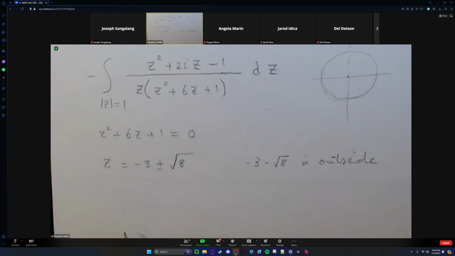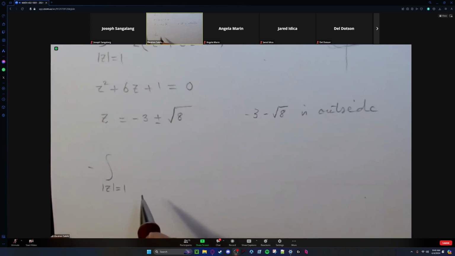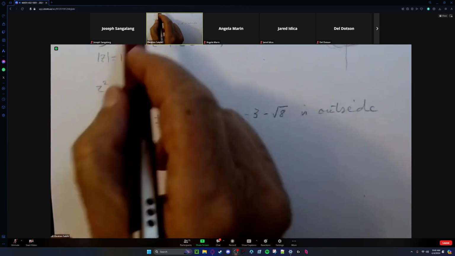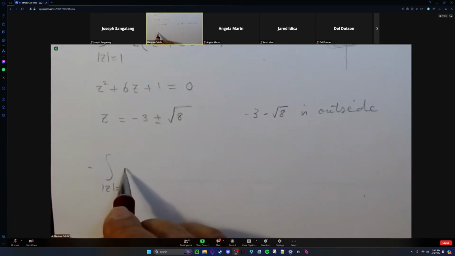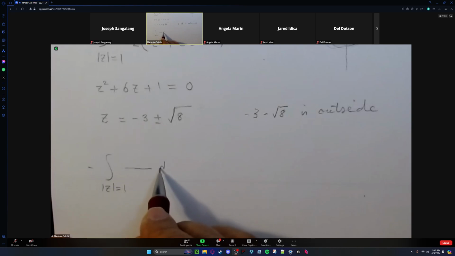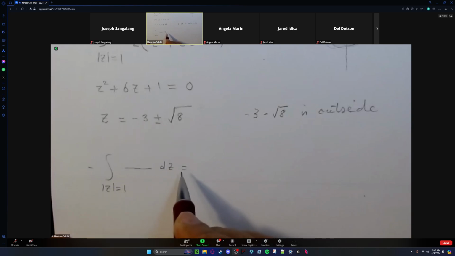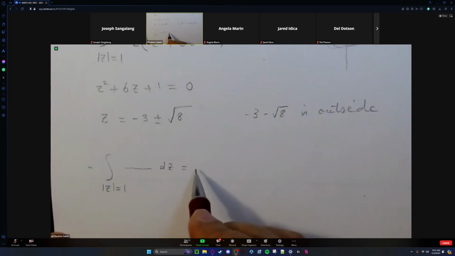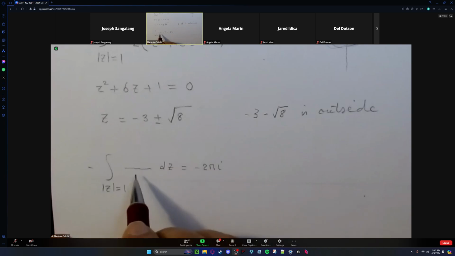So the integral will be, I'm just starting with this, negative on unit circle whatever this we have here, all right, I'm not going to repeat this one. 2 pi i, so negative 2 pi i. Let's call this one f of z, right?